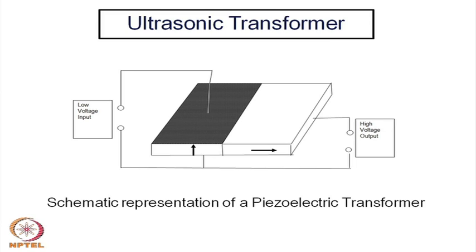Here also one has this kind of isolation. One is isolation, the other is of course the multiplication. The low voltage can be converted into high voltage, whereas one can see two pieces of piezoelectric material polarized in two different directions. One is along the z axis and another is along the x or y axis. So, by that process one also can get an ultrasonic transformer.